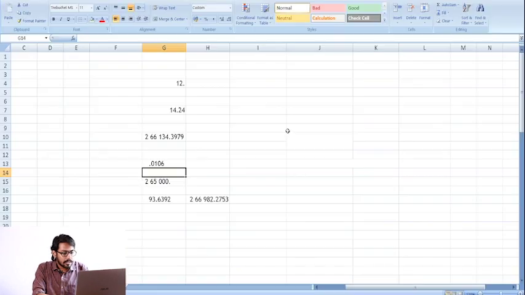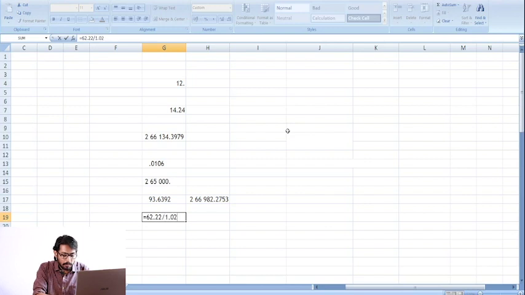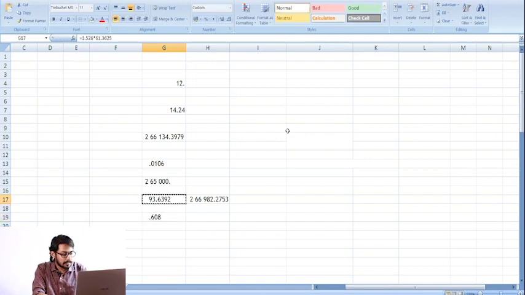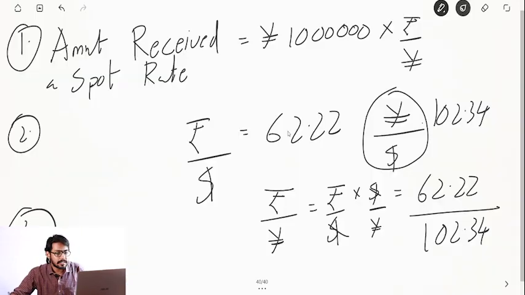Let's check that out. 62.22 divided by 102.34 is 0.608. Have they given 4 decimals? It's 0.608. If you get it in the calculator, it's 0.6079 something. Okay, round off to 0.6080. So 10 lakh into 0.6080 is rupees 6,08,000.